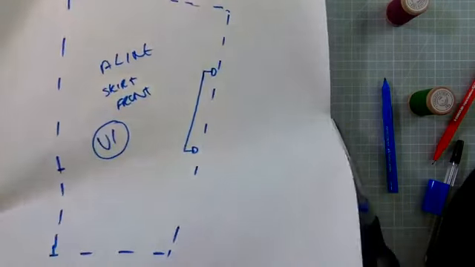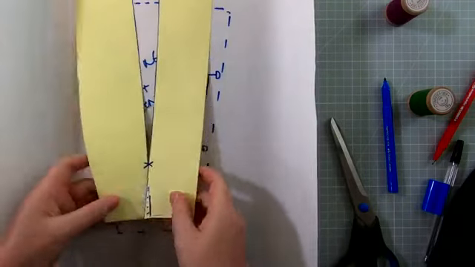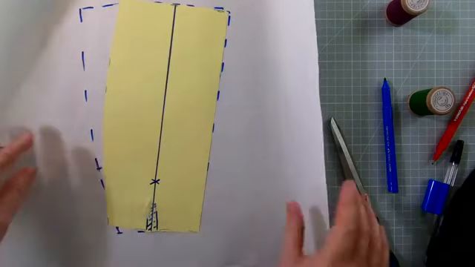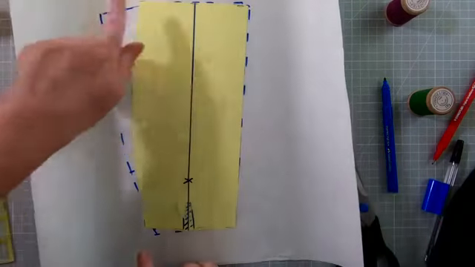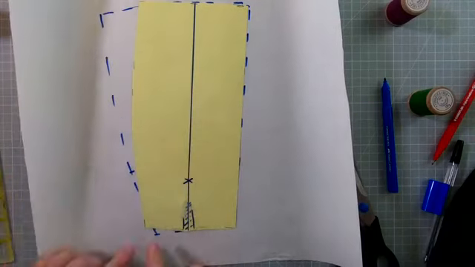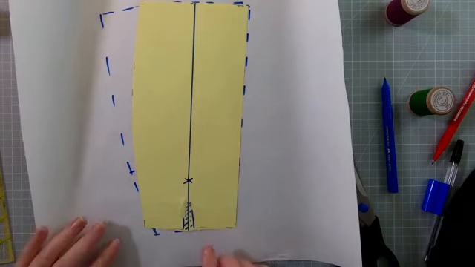So if we were to take this original and I unstick this and take it back, you can see the differences. So what we've done is we've added width around the hem, extra width and shape here, but the overall circumference of the waist will still fit you.